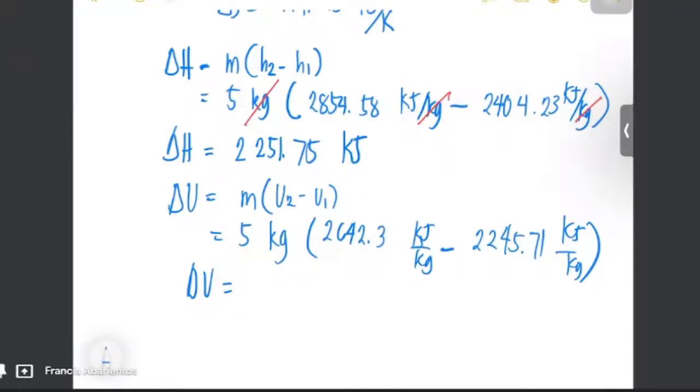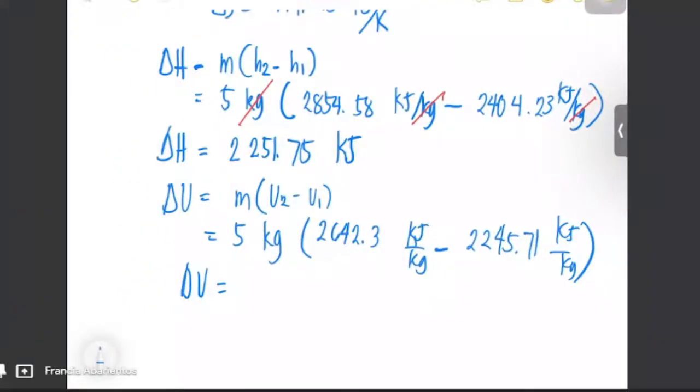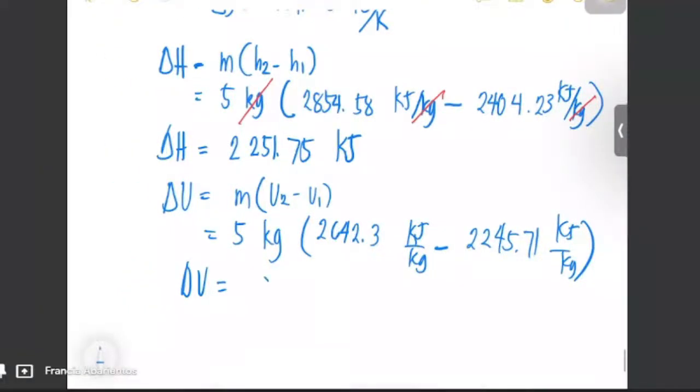Tama ba yung mga sagot niyo, class? Ayan, very good. So, we have now 1982.95 kilojoules.